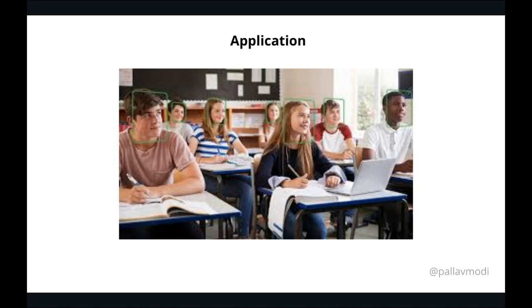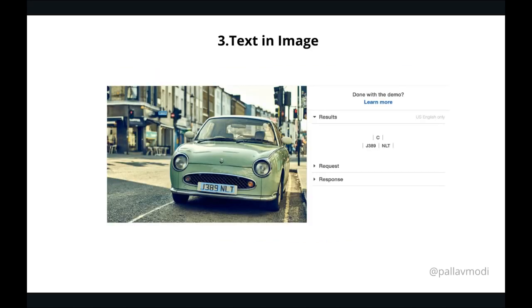All right. The third capability I want to talk about is text in an image, which has got a lot of popular applications in the real world environment. So basically, it is the capability of the machines to automatically detect and extract text in an image.